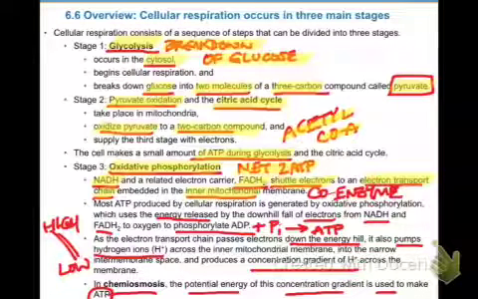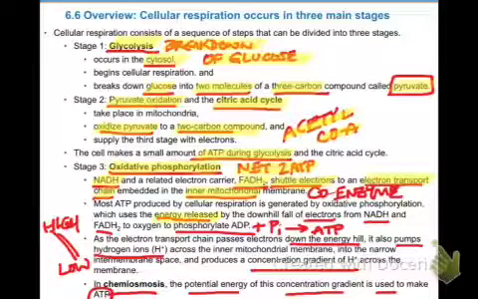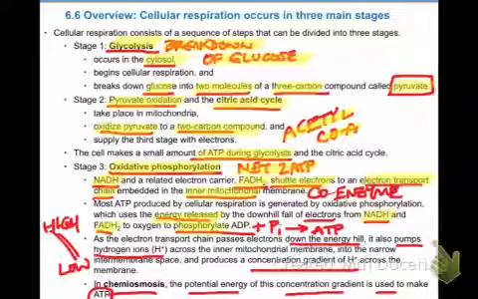The result of this is that energy is released as those electrons go downhill from NADH. They're donated from NADH and FADH. Energy is released to phosphorylate, to add, if you will, a phosphate group to ADP and produce in the process ATP, adenosine triphosphate.